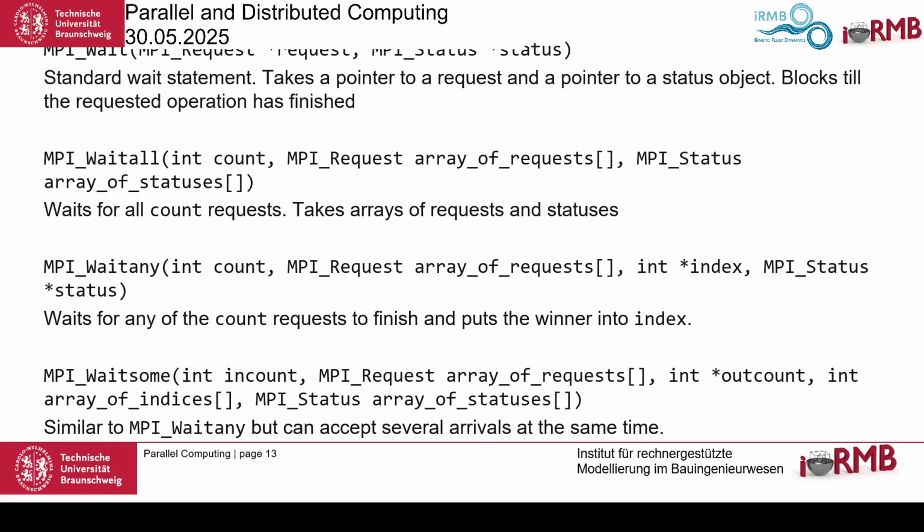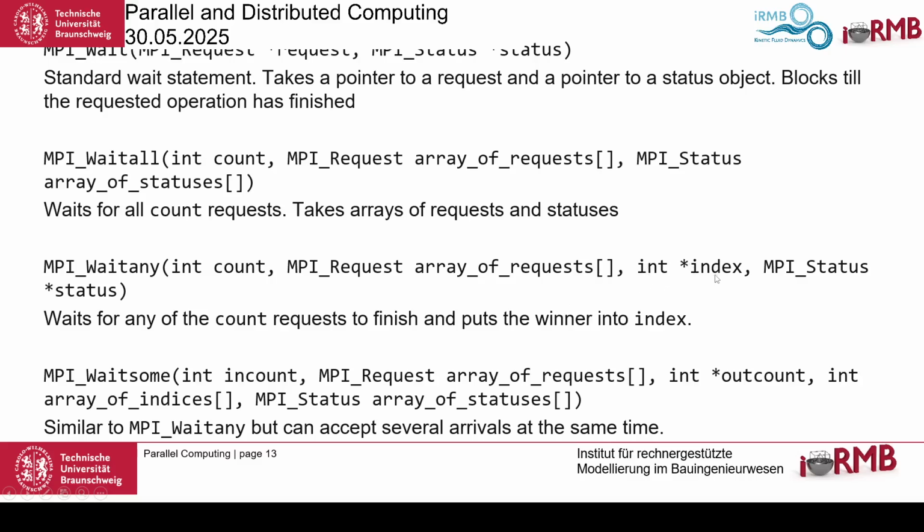So then there are a few other wait statements. For example, MPI wait is the usual one. Then wait all. Then there is wait any. So this will return if any of the specified requests have terminated.